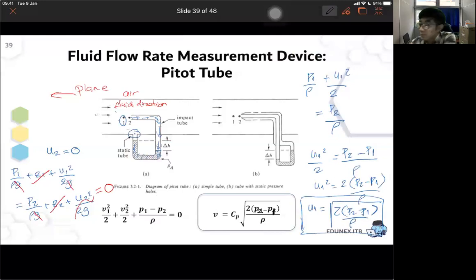So the velocity at point 1, which is the velocity of the air and also the velocity of the plane, you can calculate by this equation: the root of 2 times (P2 minus P1) divided by rho. Okay. My question is, how do we calculate P2 minus P1?